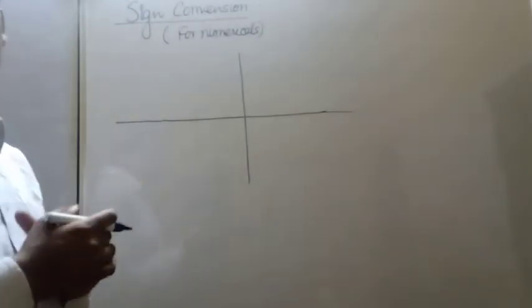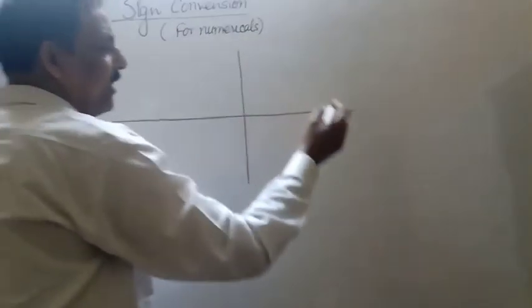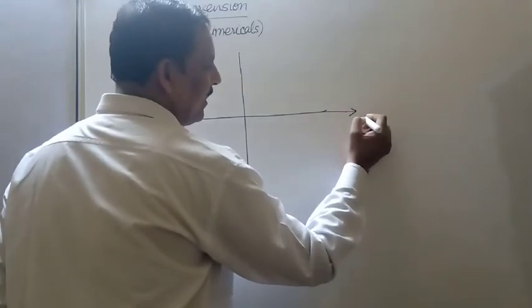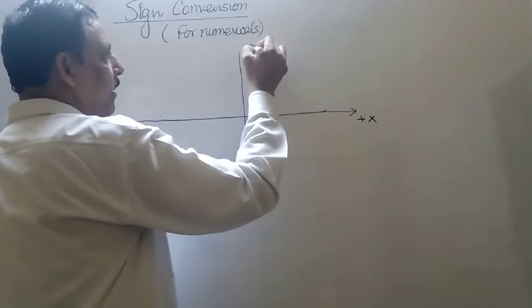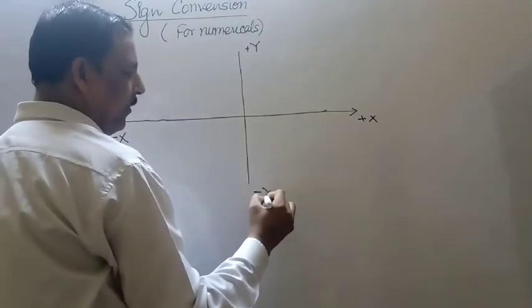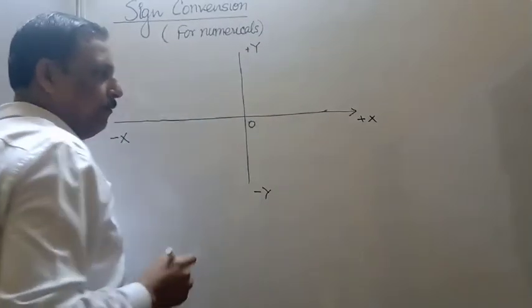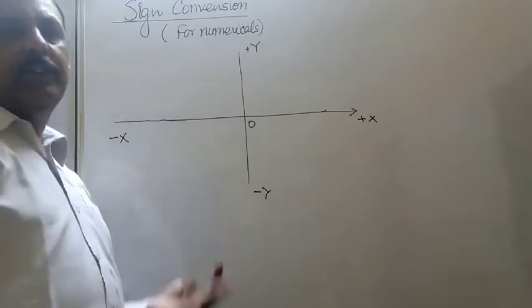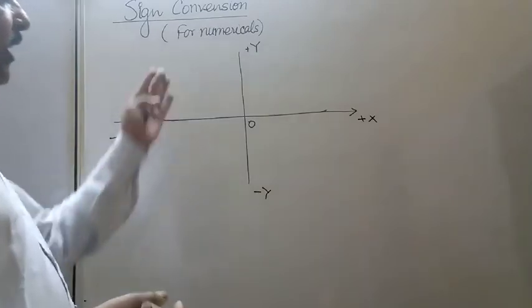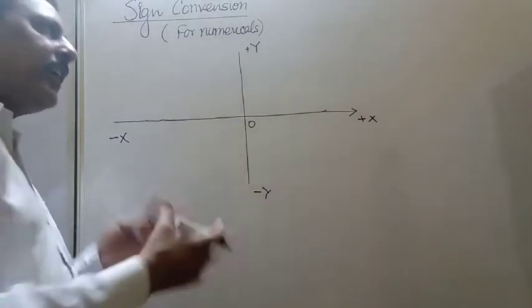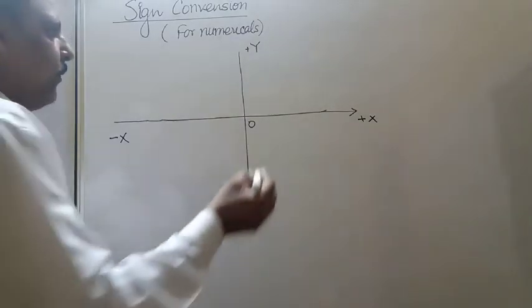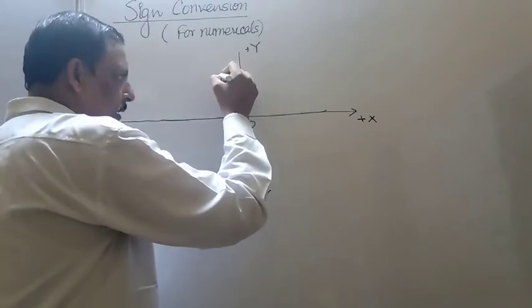Also the signs of the quadrants. This is the plus x axis, this is minus x, plus y, this is minus y. And this is known as the origin. So what we will do in physics, in mirrors, is keep our mirror at the origin. By convention, we are taking a concave mirror first. So this is our concave mirror.